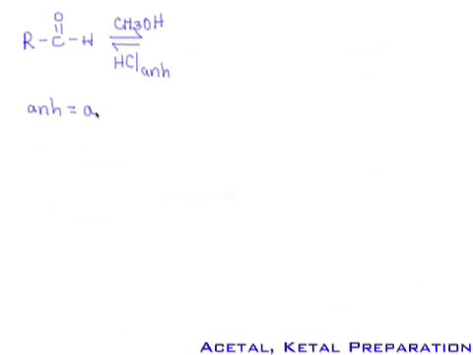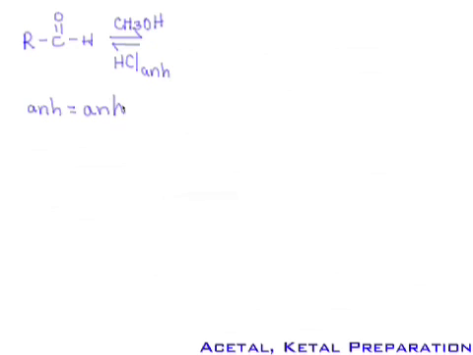We can take a simple aldehyde, R, C double bond O, H. And if we react it in methanol, say, with some acid, it's very important that the acid is anhydrous, ANH equals anhydrous.